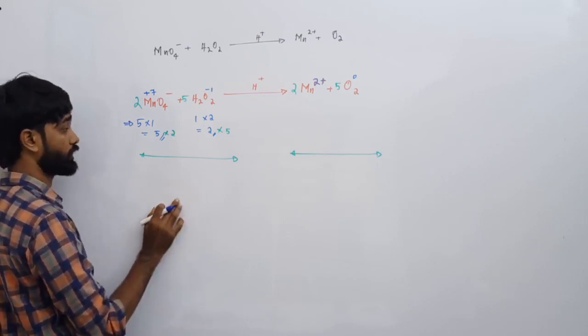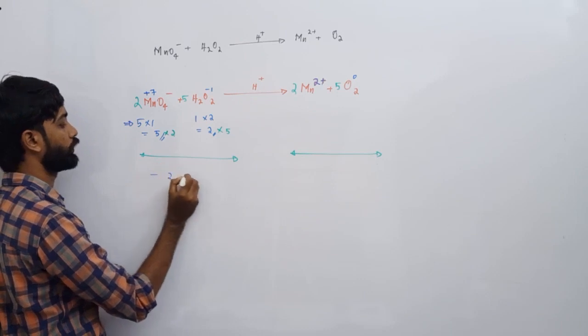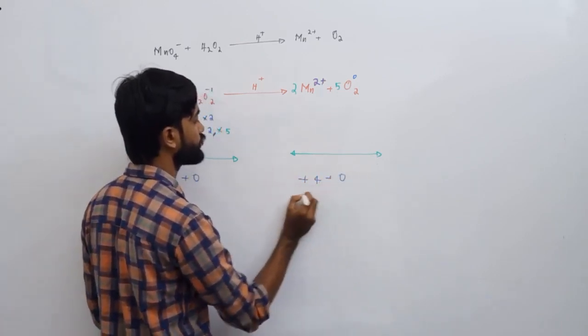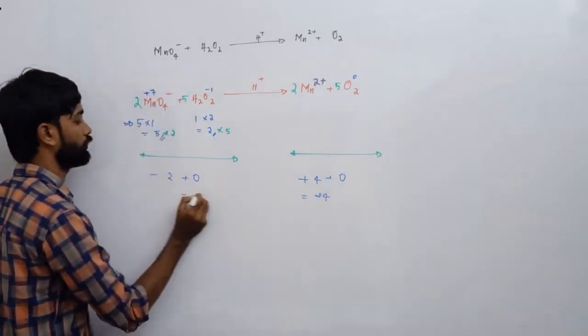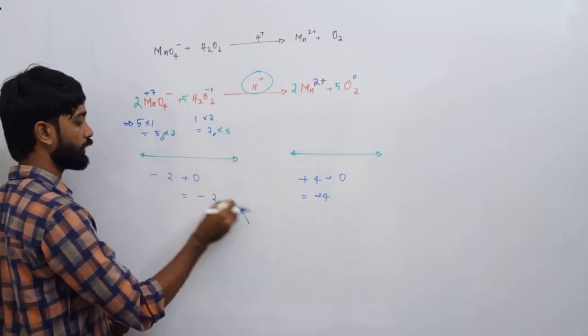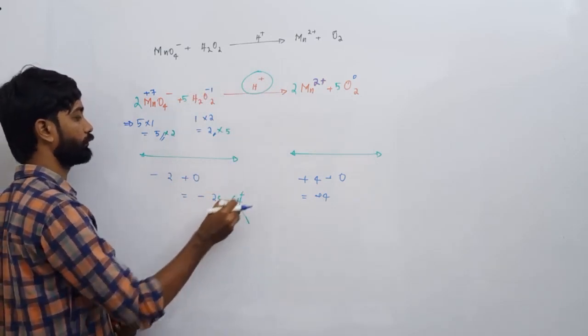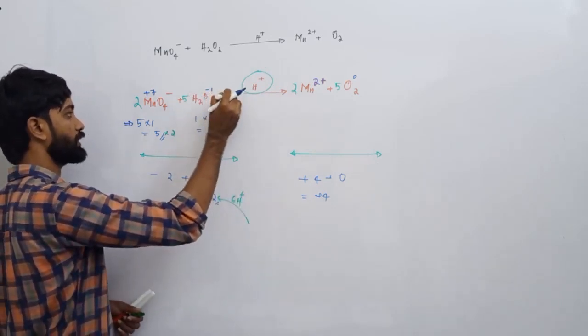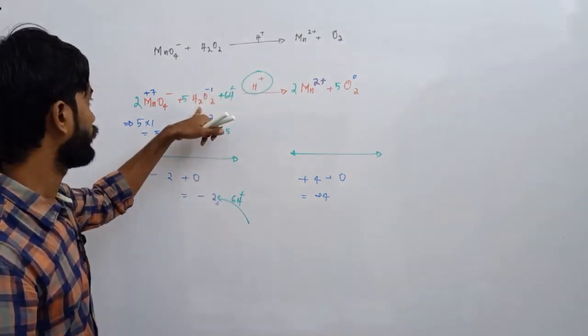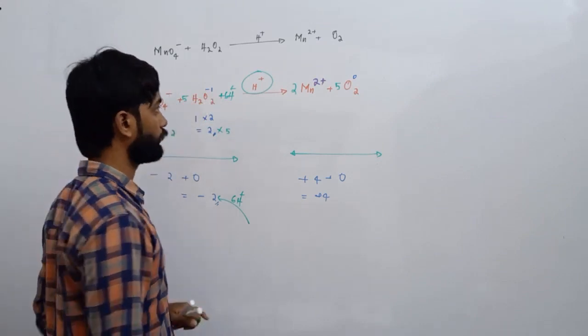Check the charge. -2 and the charge of H2O2 is 0, so +4... the charge of O2 is 0. So +4 here, -2 here. Your medium is acidic, so you can add 6H plus here. That 6H plus enters here, then 10 plus 6, 16 hydrogen on the left side.